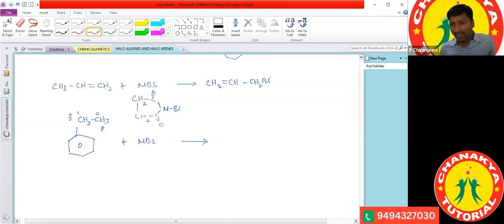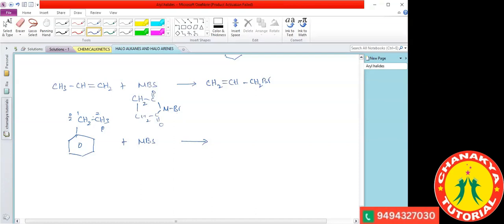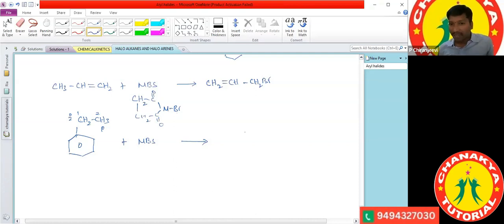Got the point or not? Yes, sir. So the first carbon is more reactive according to the reactivity order of the hydrogen. For that reason only, I had first given the reactivity order.